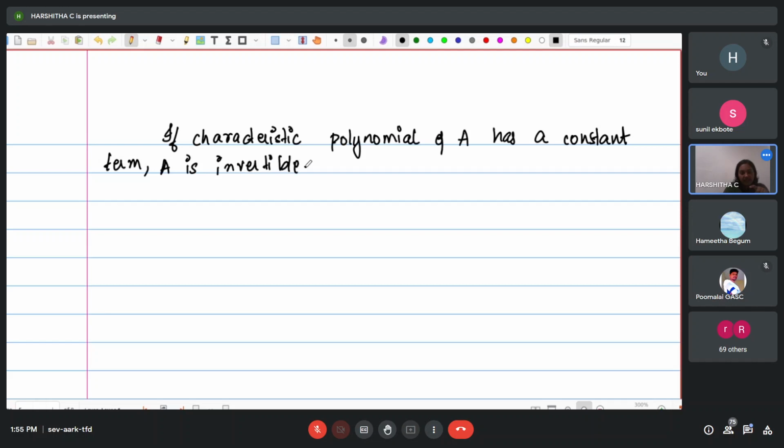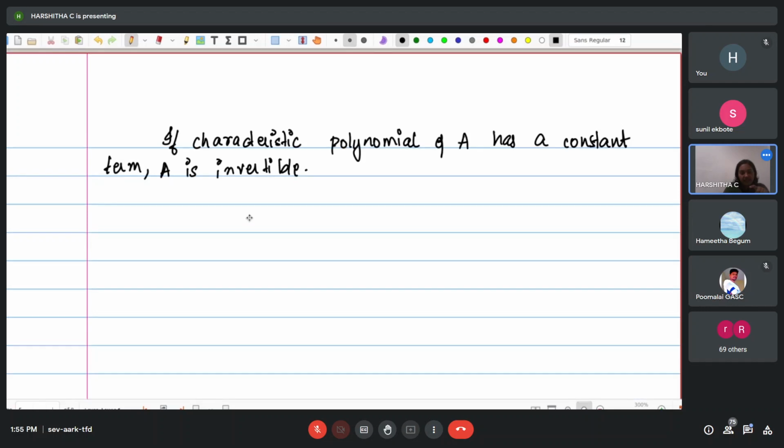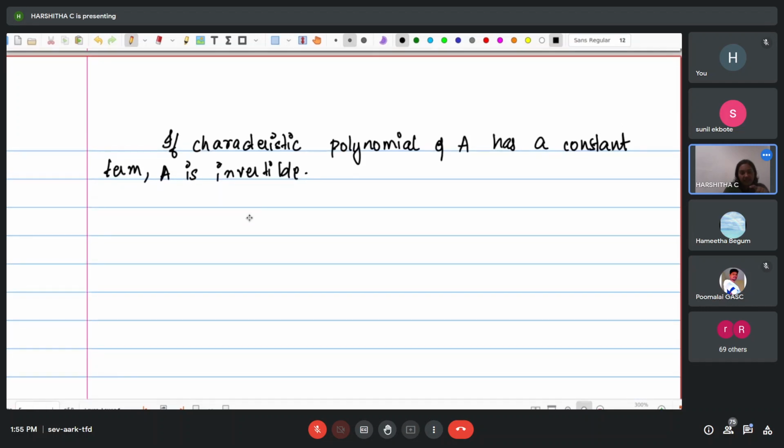When I say constant term, it is understood that it is a non-zero constant, right? So let us actually correlate this to what we saw before.